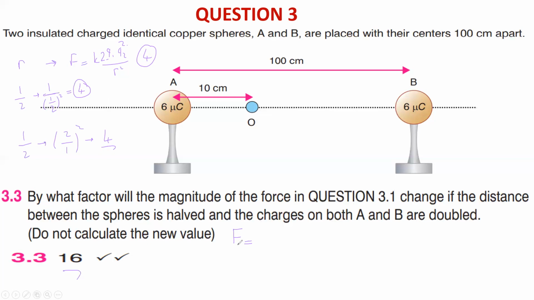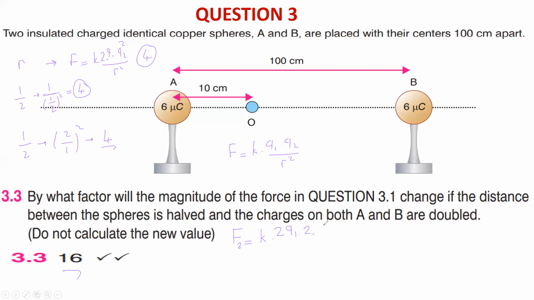This is our F2. All right, so for F1, what we know, F or F1 is fine, K times Q1 times Q2 over R square. So you can write K times 2Q1. We are not busy with numbers, all right? Q1 is 6, 6, we don't need it. So we're just making it double.